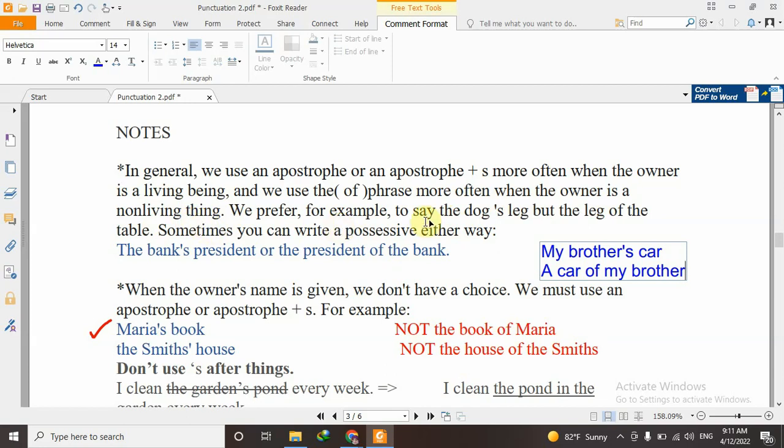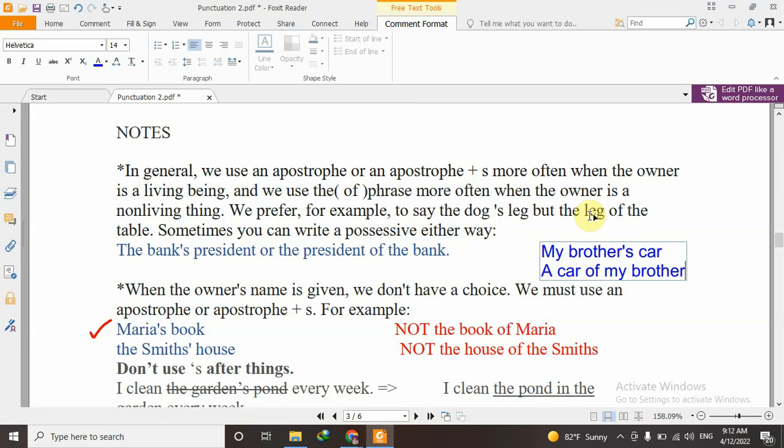We prefer, for example, to say the dog's leg, but the leg of the table. We say the dog's leg, but the leg of the table. We cannot really say the table's leg, because here we have two non-living things.